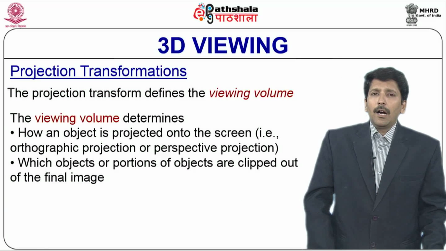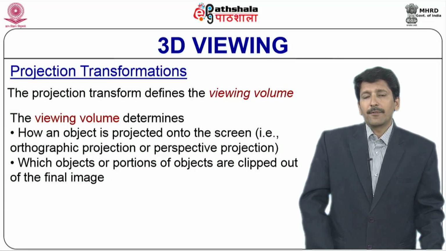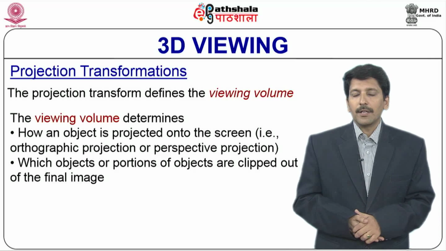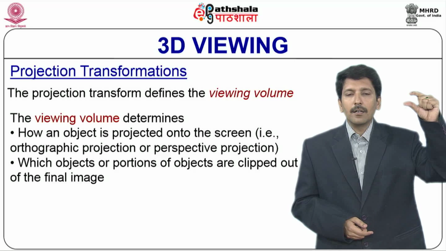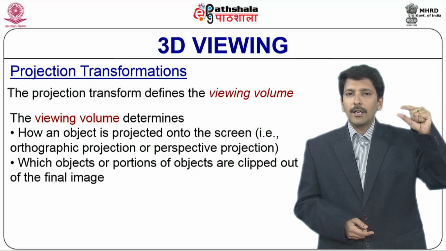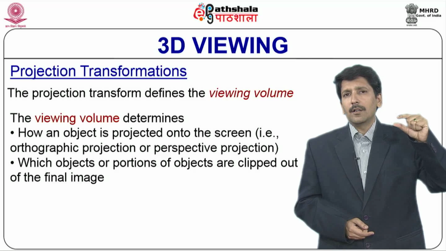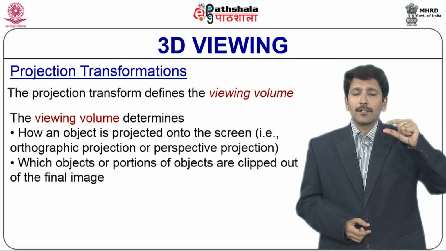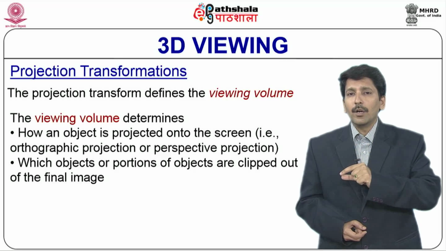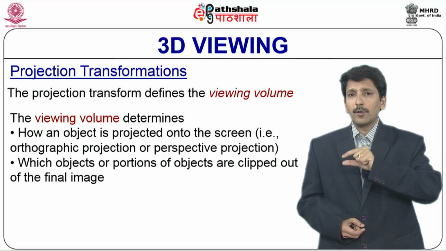Now, after this viewing transformation is performed, the next step is to perform projection transformation. As I was telling, we start with modeling coordinates, modeling transformation, world coordinates, viewing coordinates, and then projection coordinates, and then we get the viewport coordinates, and finally clipping coordinates to viewport and to device.